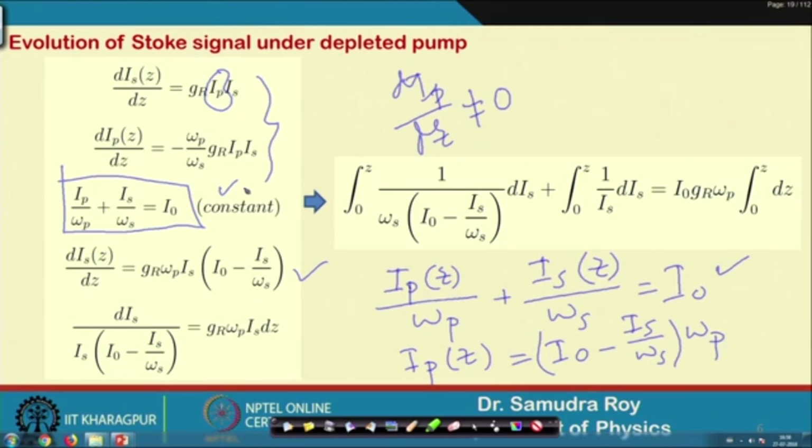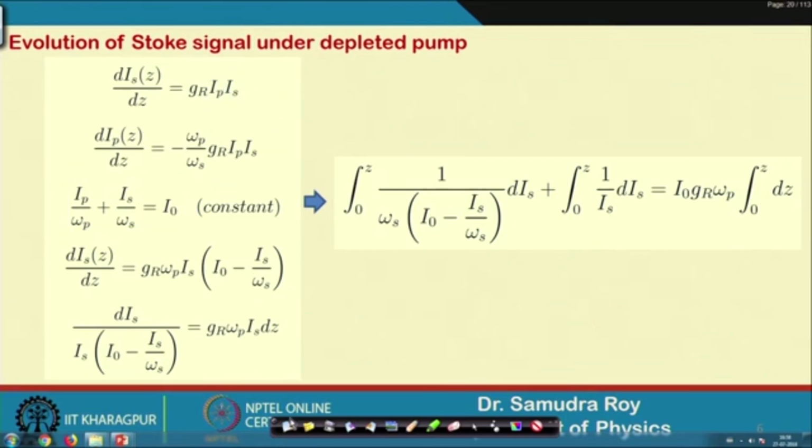If I solve this differential equation, we have d I s divided by I s multiplied by I 0 minus I s divided by omega s. This is a 12th class problem, how to solve this differential equation, and I believe you can do it quite easily. I can divide this in the way shown on the right hand side, with one part 1 by I s and another part slightly different.